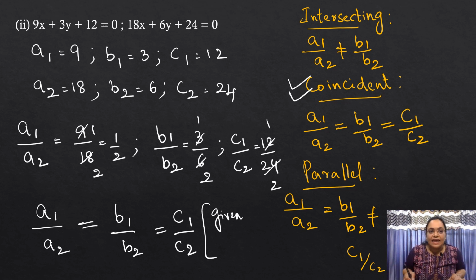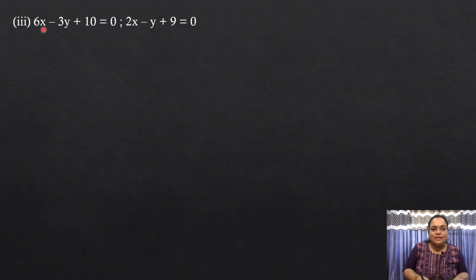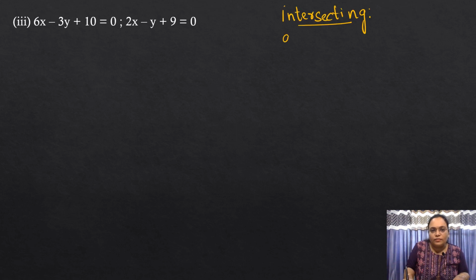So we can say that the given pair of linear equations are coincident. Now let us do for the next one. We know the condition for the intersecting lines: A1 by A2 is not equals to B1 by B2.